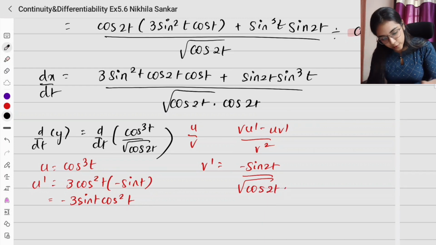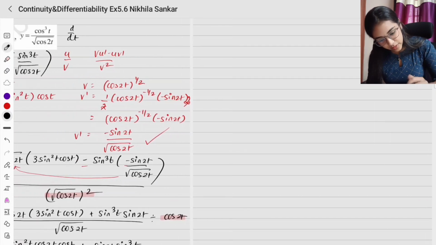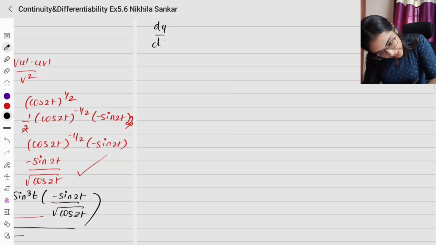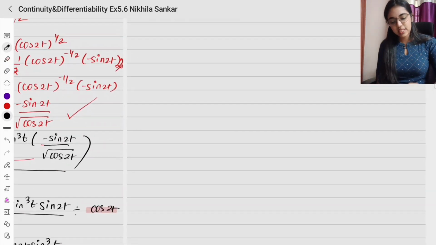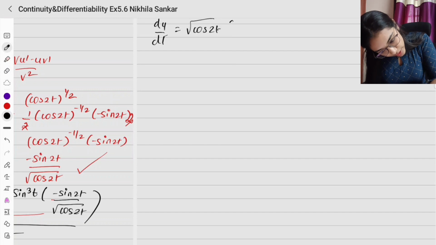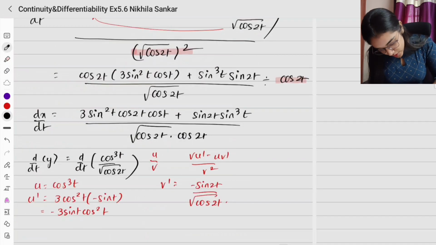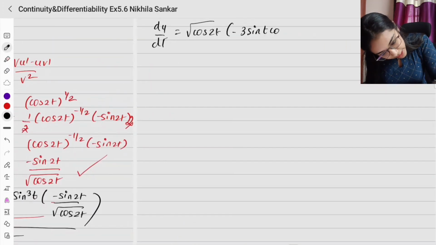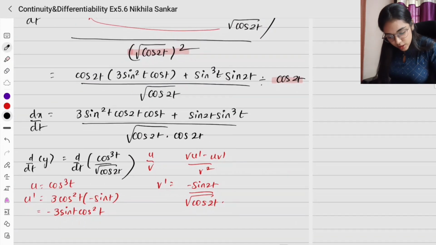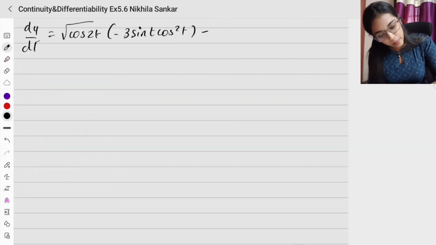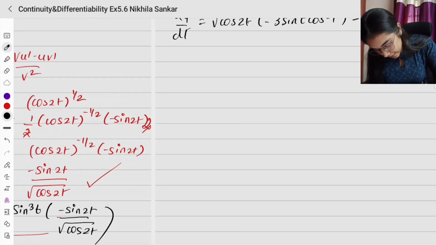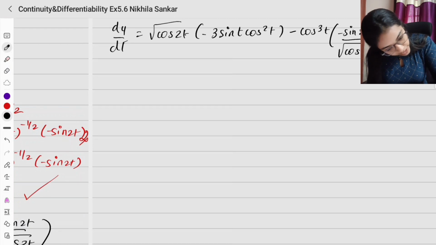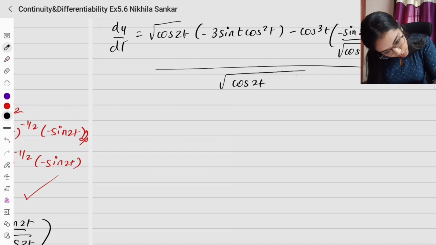Now what happens when we substitute this in the formula? I'll write it here. dy by dt is going to be v u dash. v is the square root of cos 2t times minus 3 sin t cos square t, v u dash done. Now u v dash, which is going to be cos cube t times minus sin 2t divided by square root of cos 2t, the whole divided by square root of cos 2t, the whole square.